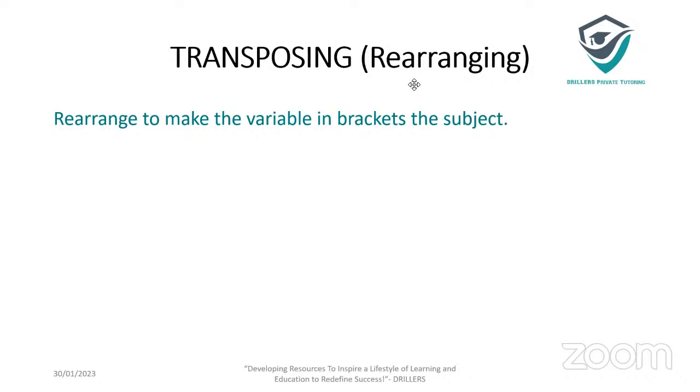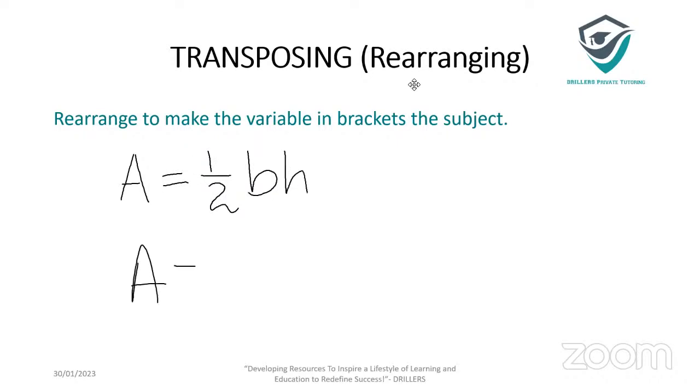I'm going to take the formula for area of a triangle. We know that area of a triangle is equal to a half base by height. Or sometimes you may see area is equal to base multiplied by height over 2. So we'll use that one.